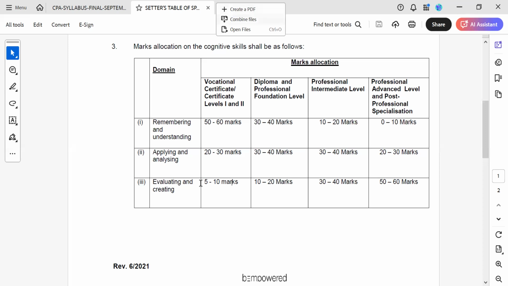So, evaluating and creating, it is in this sense that a question has been set in a way that we expect you to have the knowledge, okay? So with this knowledge that you do have, my good students, are you able to solve the concept given?